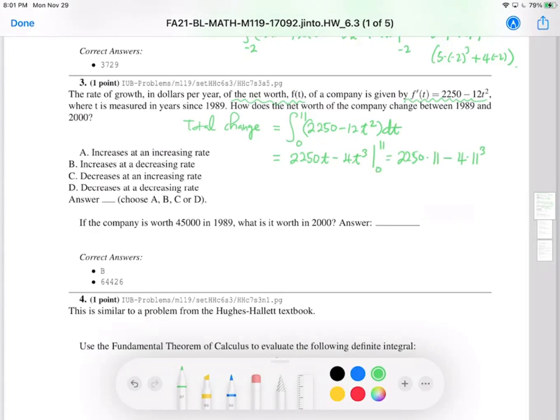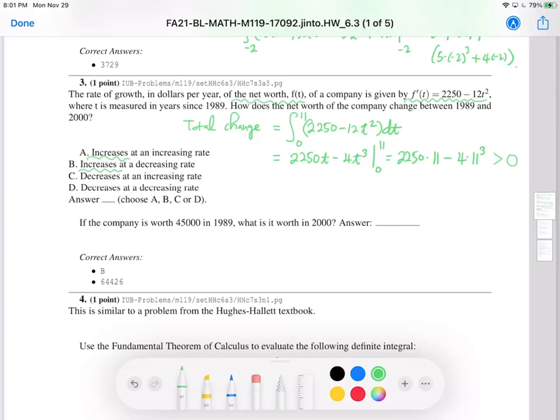I think using your calculator, if this number is positive, if the total change is positive, then it increases. So the answer is B. So I guess this is positive. Okay, so increases. And then, what is the rate of the rate?